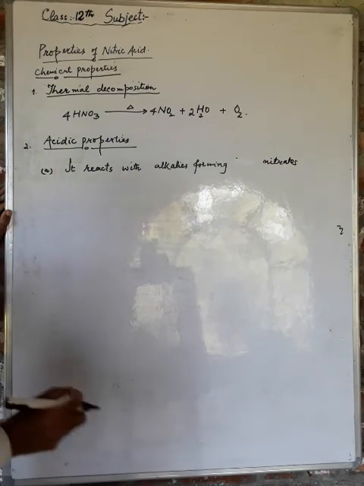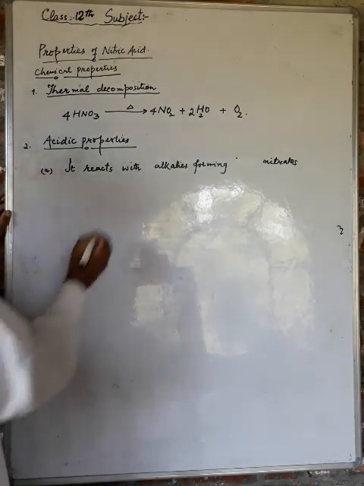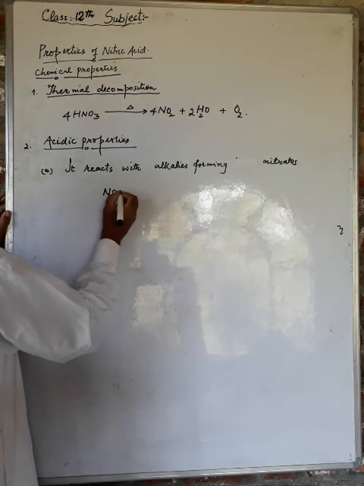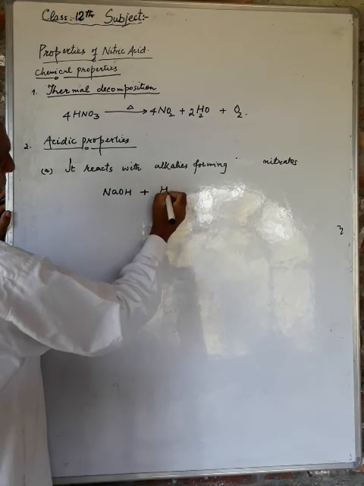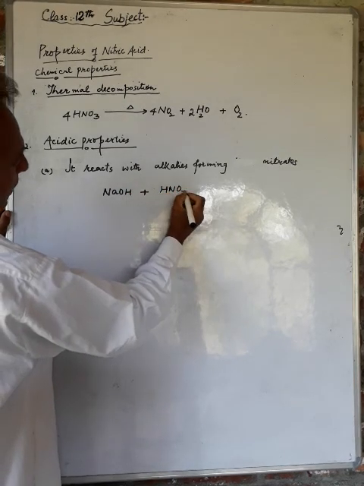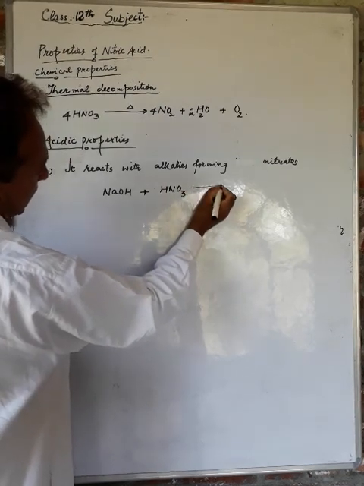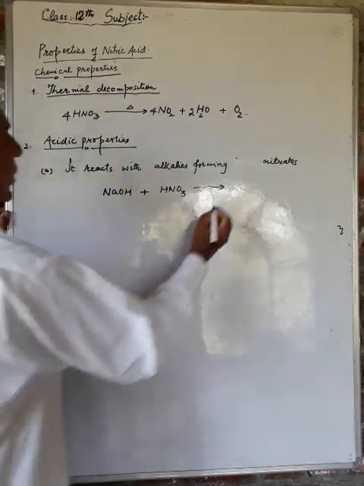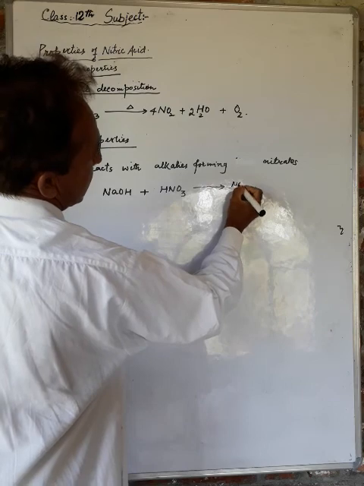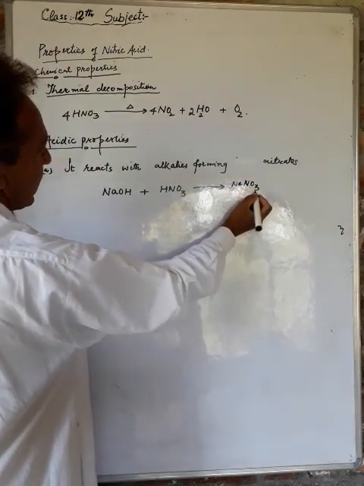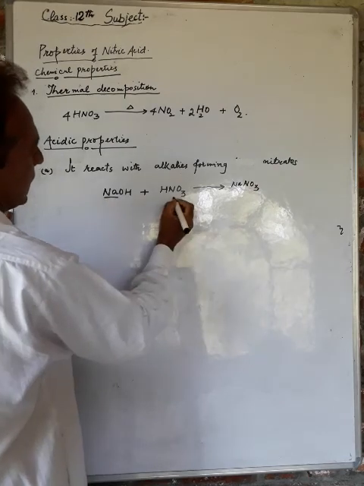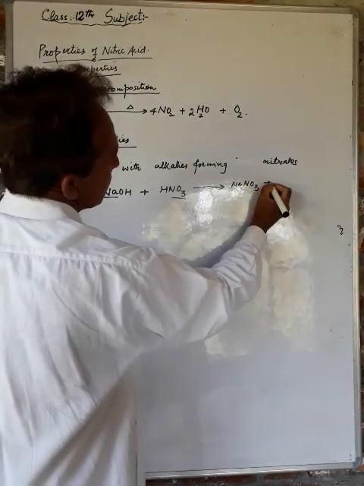So if we take NaOH, it is a base, with HNO3, it forms NaNO3, sodium nitrate, plus water.